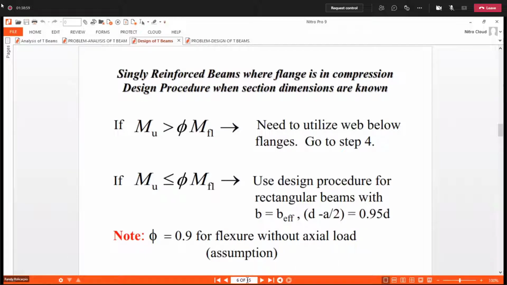So, yun yung ating criteria. So, you simply consider it as a rectangular beam procedure. Kung anong procedure sa rectangular beam, yun ang ipa-follow mo dito. Pero kapag Mu is greater than, you proceed to step 4.